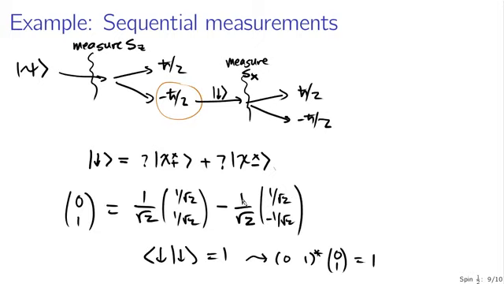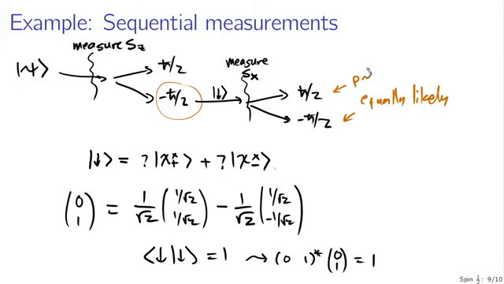This tells us that the down state is an equal superposition of the plus h bar over 2 and the minus h bar over 2 eigenstates associated with the S sub x operator. So both of these are equally likely.